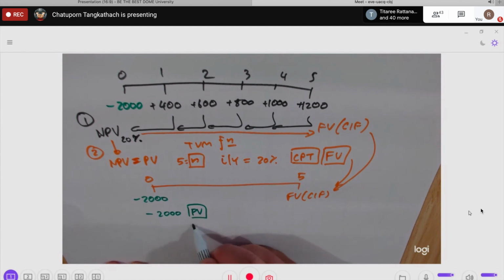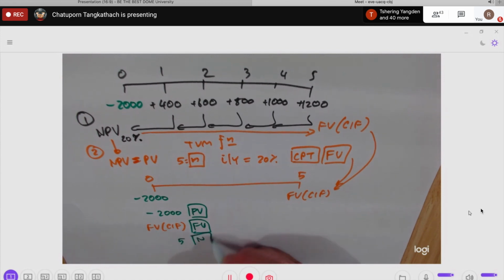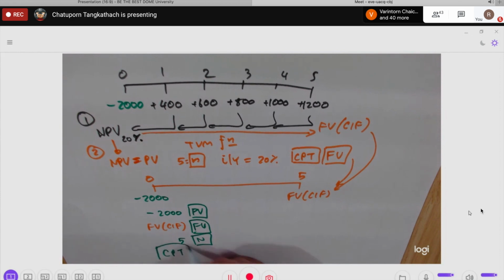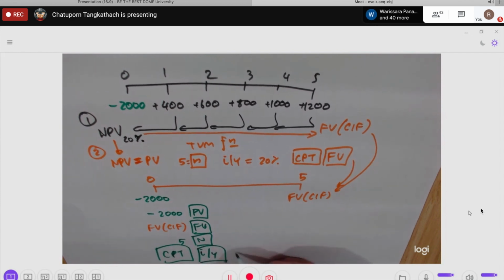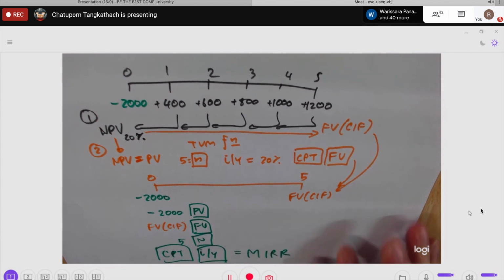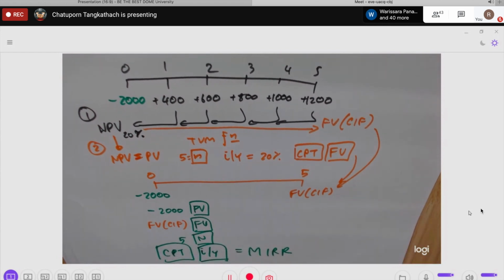You put n equal to 5. And finally, you simply calculate I/Y. This is your MIRR. When you use the regular model, this is how you use it.